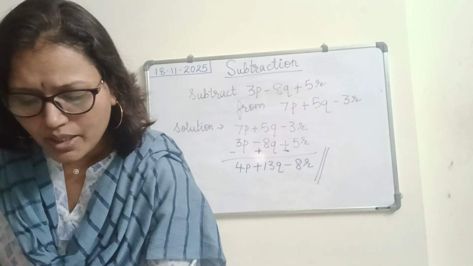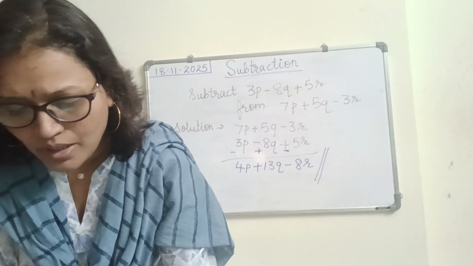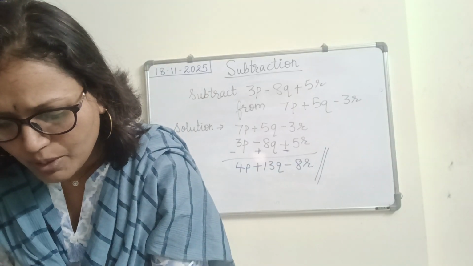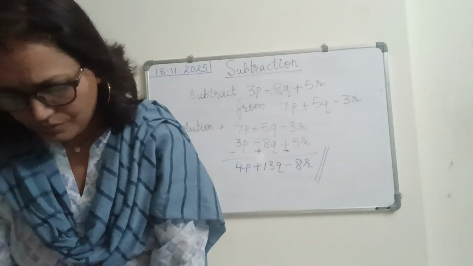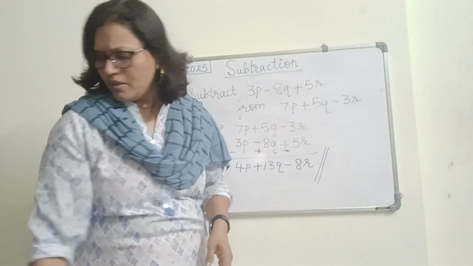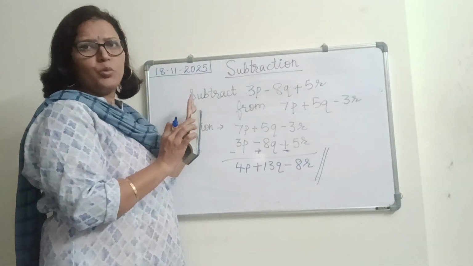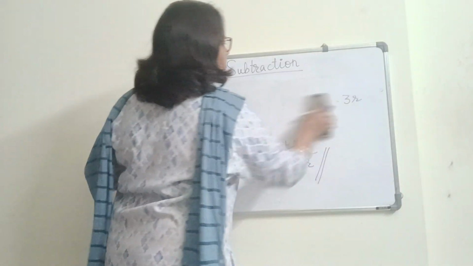In this way you can change the sign of that number. Now we will move ahead and start one more example. I hope you understand how we have done the subtraction here.